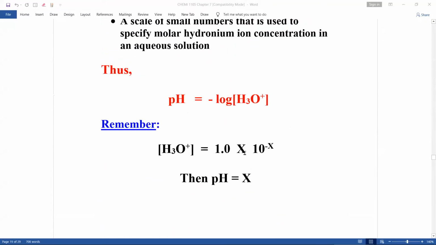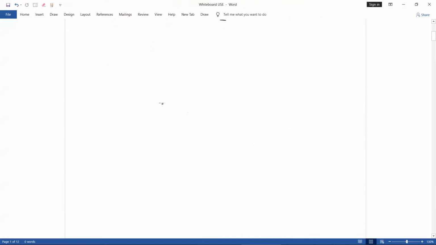We're talking about the pH scale, which is probably one of the most important things I'll teach you this semester. Remember, pH equals minus the log of the hydronium ion concentration.